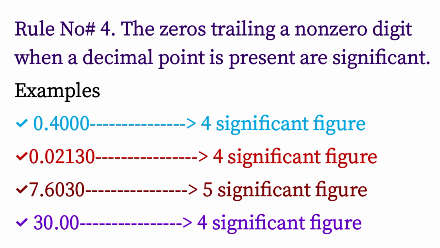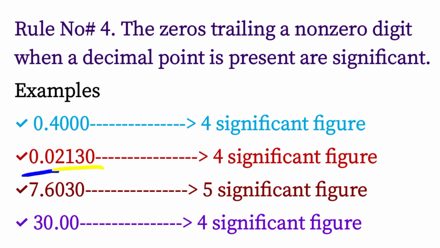Therefore, how many significant do we have? We'll count from 4, 1, 2, 3, 4. So we've got 4 significant figures. Example number 2, we say the first 2 zeros are not going to count, but the remaining digits are going to be counted, which is 2, 1, 3, 0.